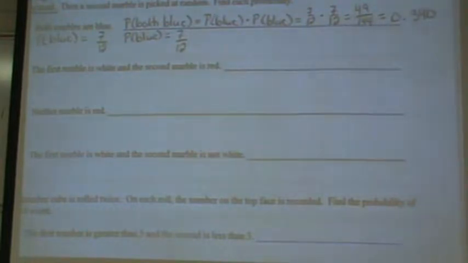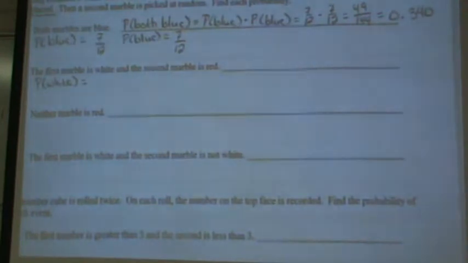Number 6 wants to know the probability that the first marble is white and the second marble is red. So probability of white. So we have 3 white marbles. So that's 3 out of 12. And then we're putting that marble back and we're finding the probability that we get a red.